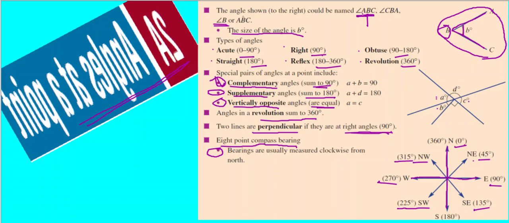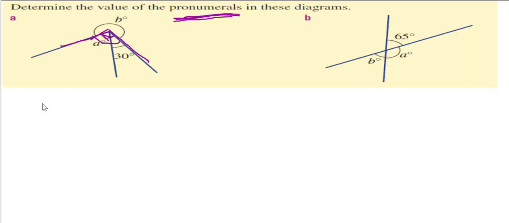If we've got two angles that add up to 90 degrees, they are complementary. So to find angle A is pretty easy. We're going to say angle A equals, well, we know the two angles have to equal 90, the 30 degrees and whatever angle A is.